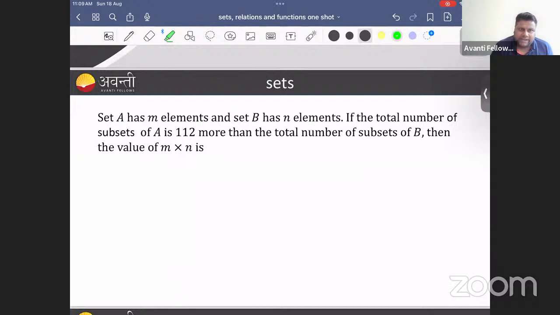Set A has m elements, set B has n elements. Total number of subsets of set A is 112 more than the total number of subsets of set B. Find the value of m cross n. Quickly.